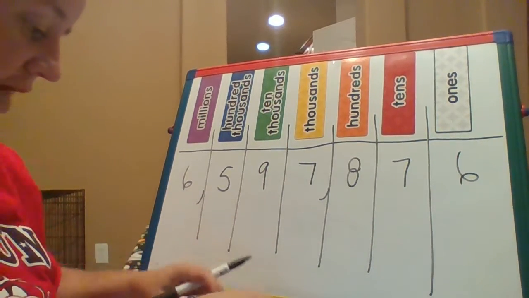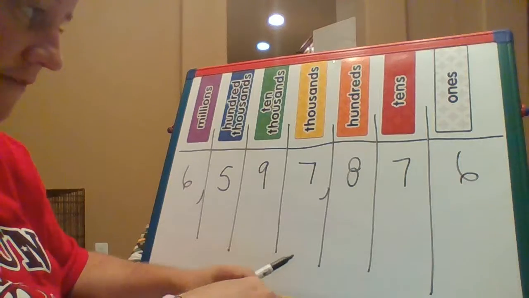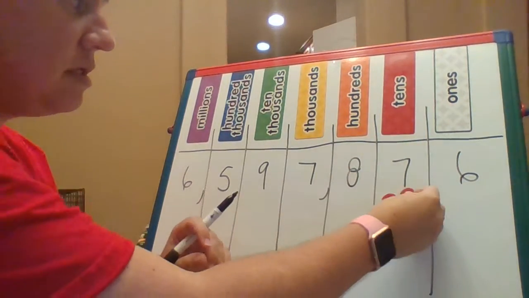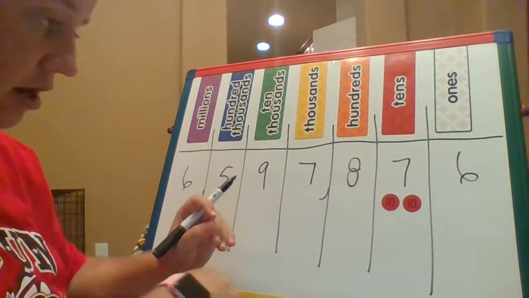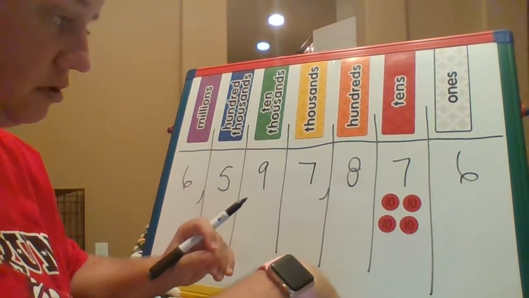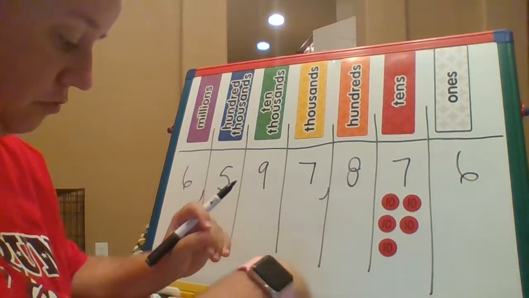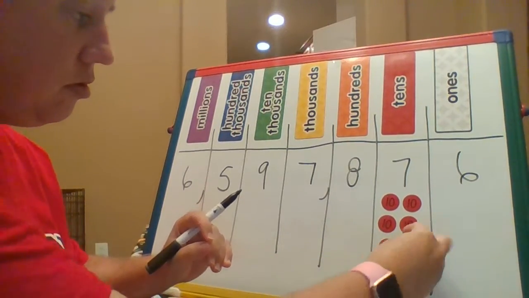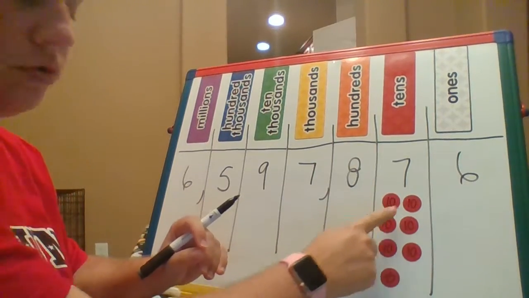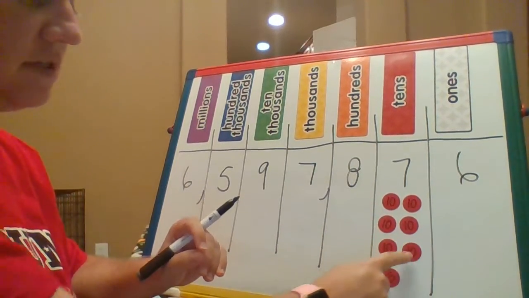Then we learned that each one of these has a value. So when we talk about the tens place, and we see a 7 there, that means that it is 7 groups of 10. So 1, 2, 3, 4, 5, 6, 7.